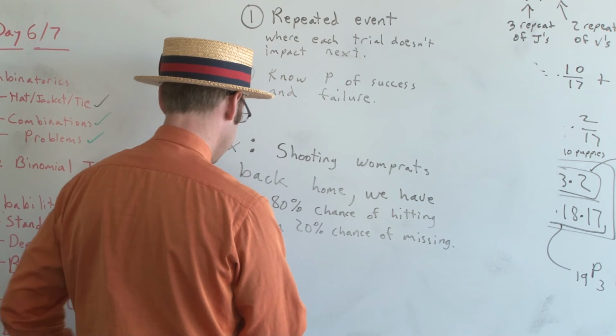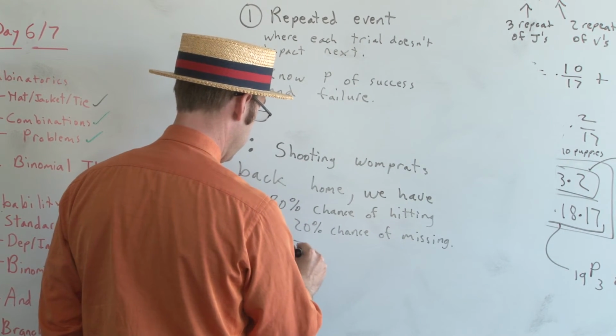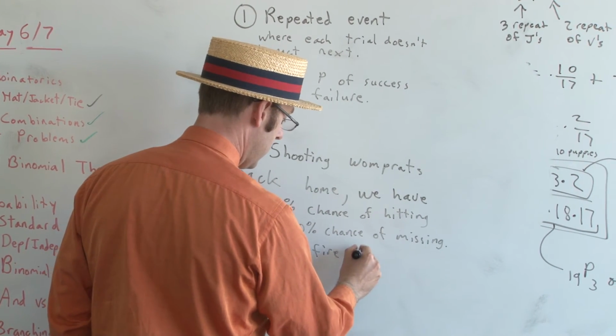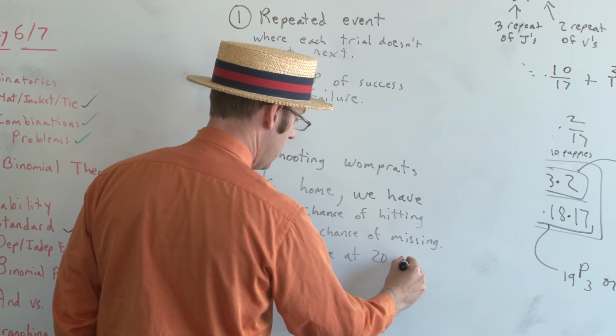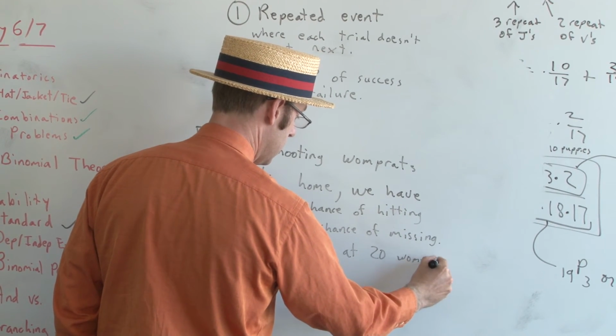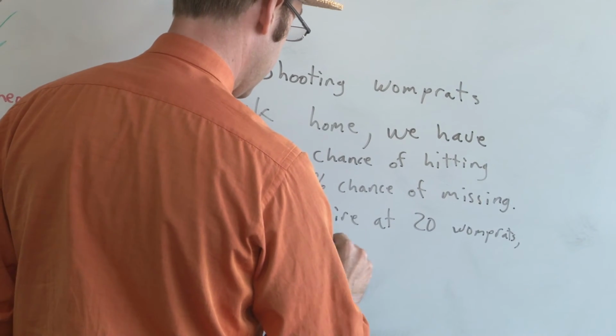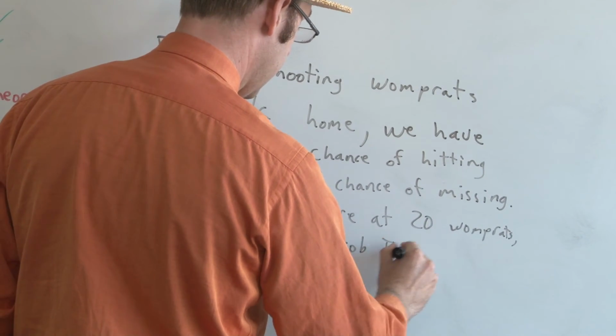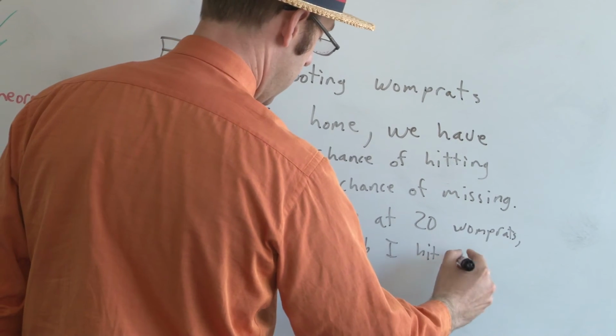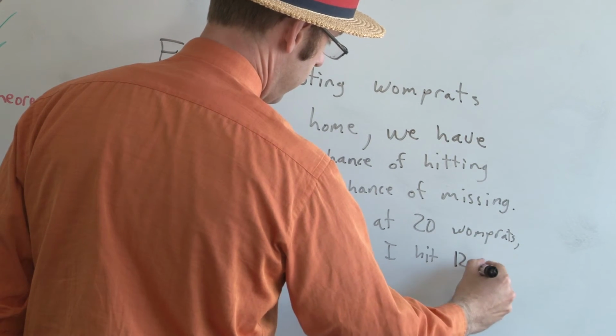So my question is, if I fire at 20 womp rats, what's the probability that I hit 12 of them?